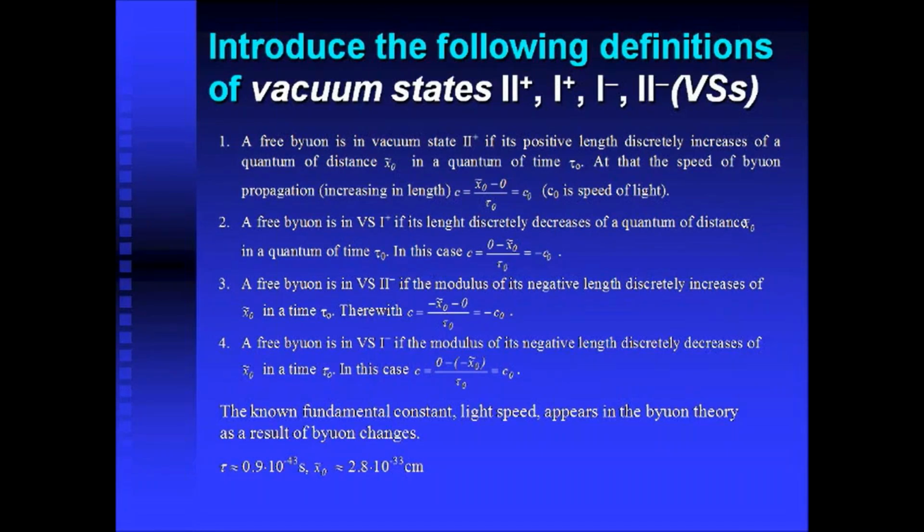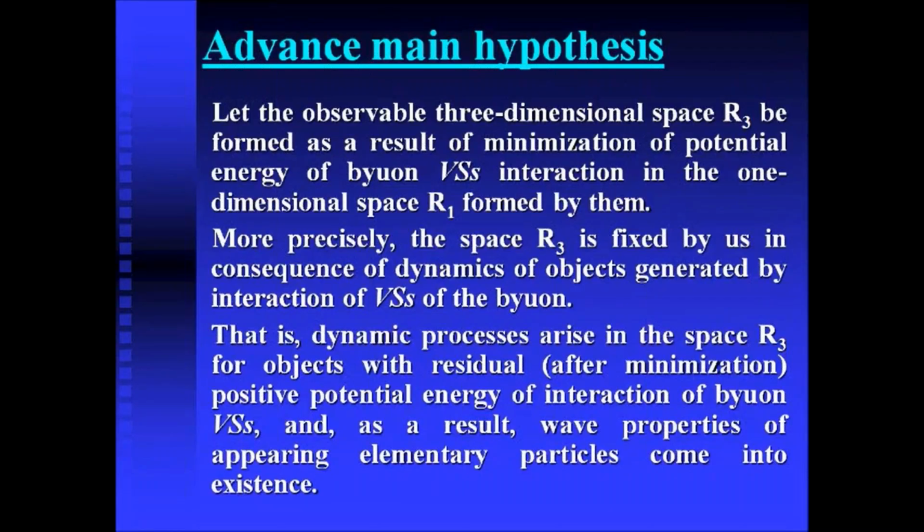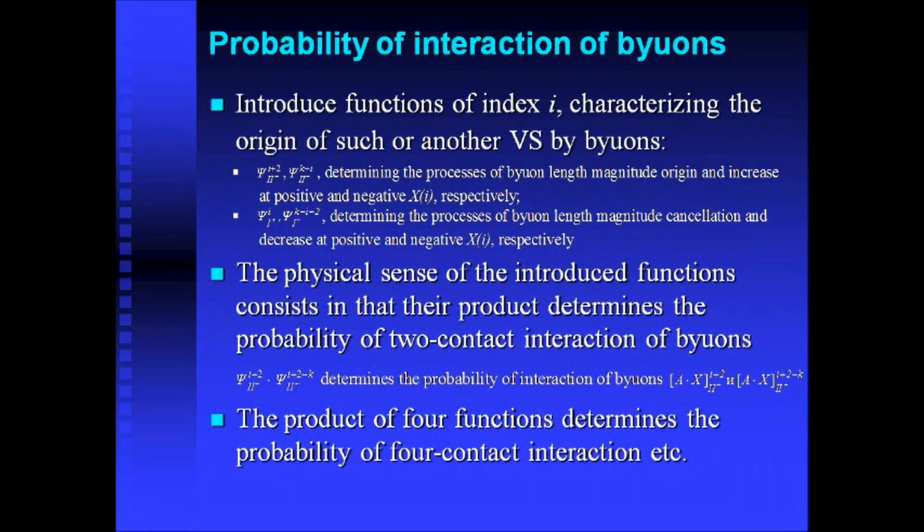Please understand, we assume that there are no physical space-time ultimate particles, but we have ions. You can read the main hypothesis of ion theory. We introduce the psi function, which defines the probability of such or another vacuum state.